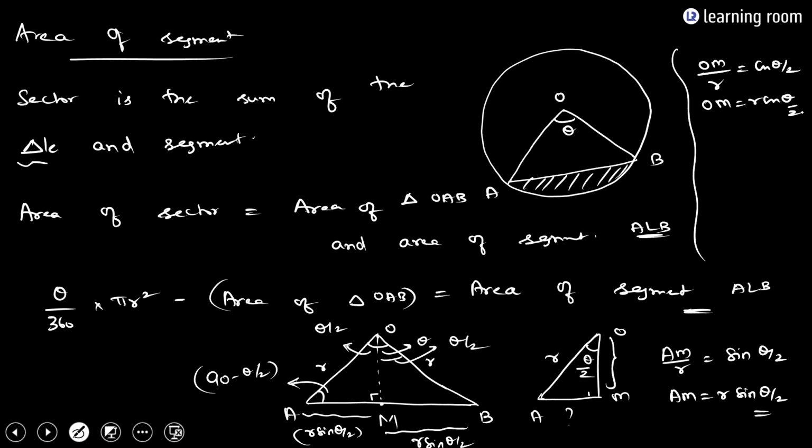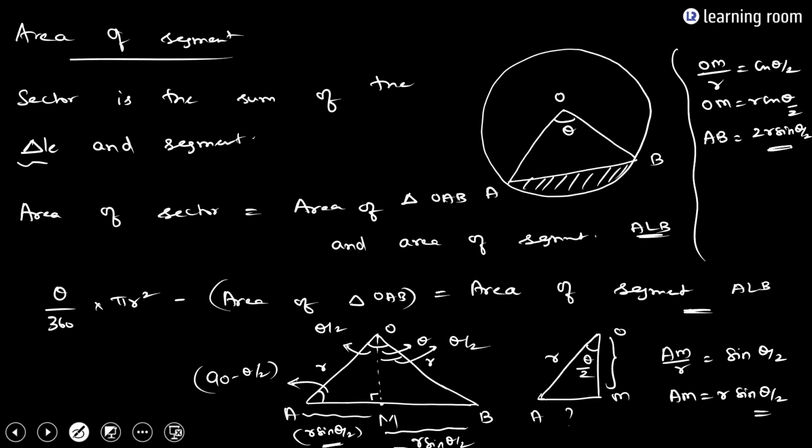Guys, is it clear or is there any confusion? I'm just taking the applications of trigonometry. No, sir. Good. So if AM is R sine theta by 2, MB is also R sine theta by 2, then what is AB going to be? Is it not 2 times R sine theta by 2? Accepted?